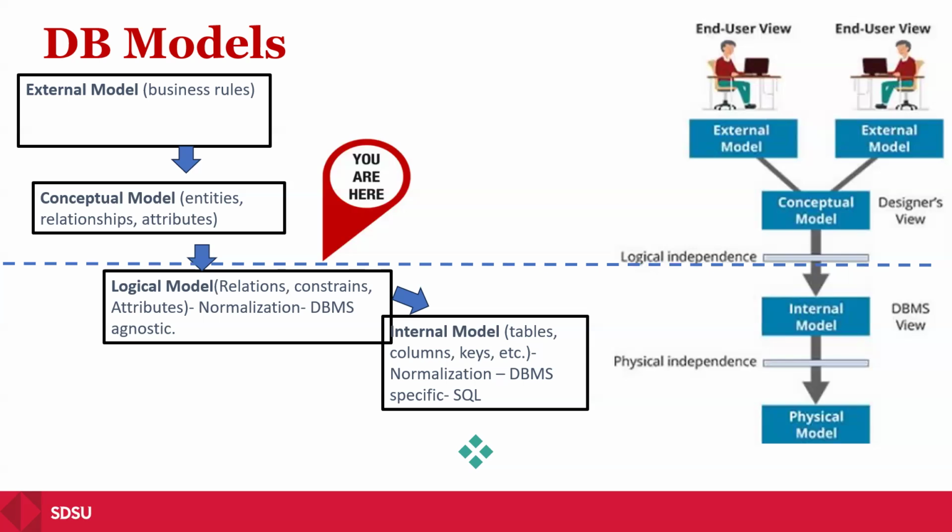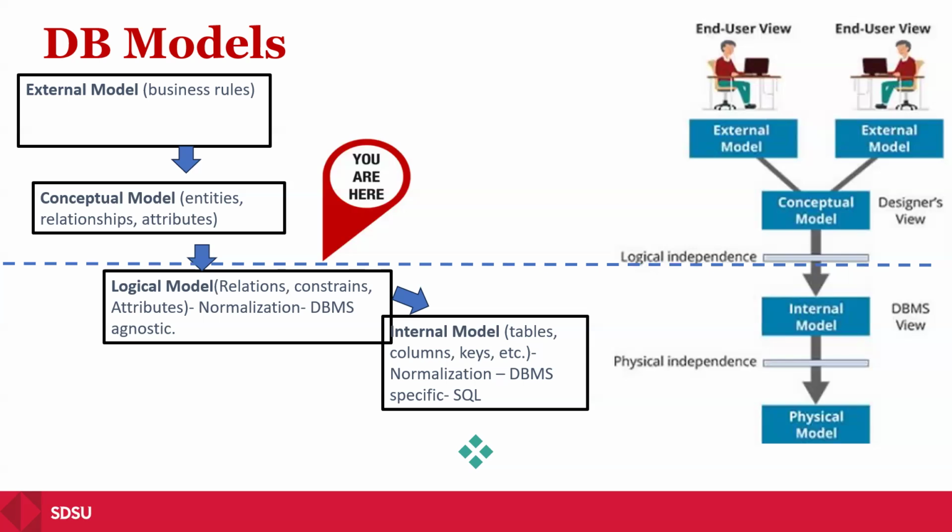So as you can see in this diagram, logical data model has a much lower level of abstraction. So it means it's a little more concrete. It has a little more details compared to conceptual data model. You guys remember abstraction is highest at external data model, where we don't really need to know a lot about database implementation details.